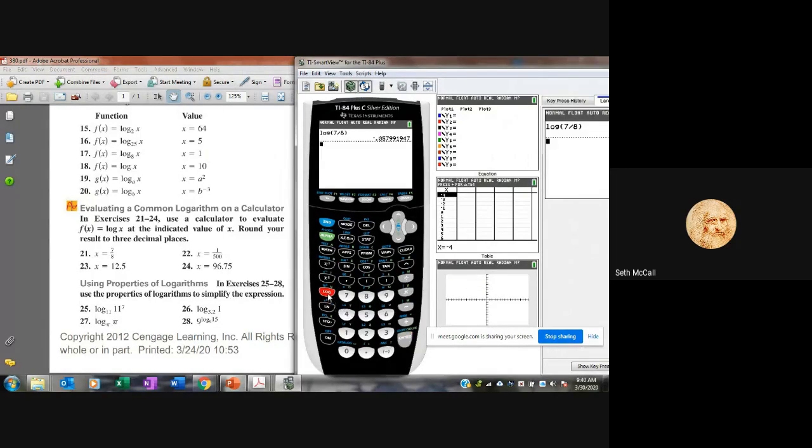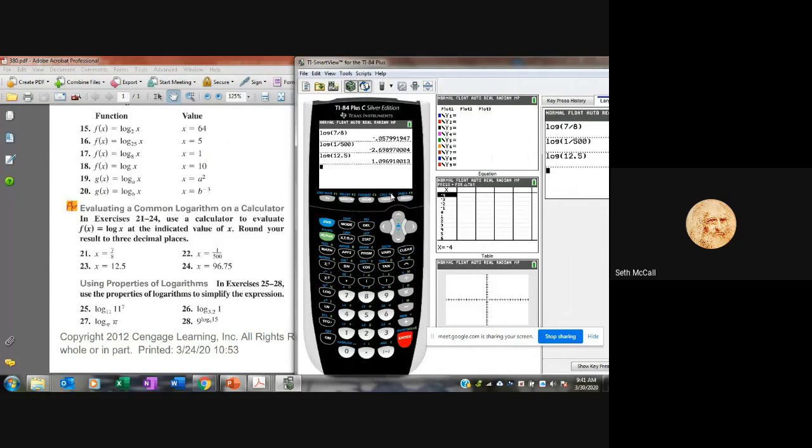The next problem is log of 1/500th. That gives us an answer of negative 2.6989. Then we have log of 12.5. Make sure you're closing out the parentheses. It probably won't matter either way, but it's a good habit to get into because later on we're going to have problems where there's more than just one number involved in the log equation.